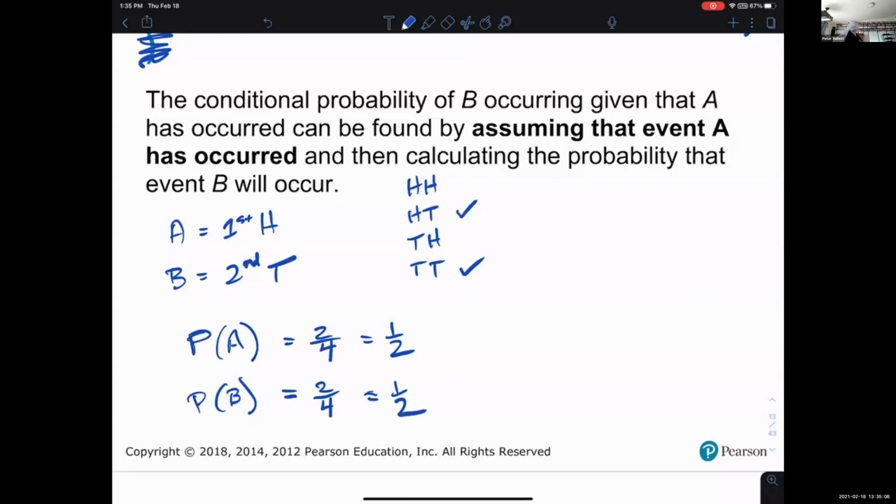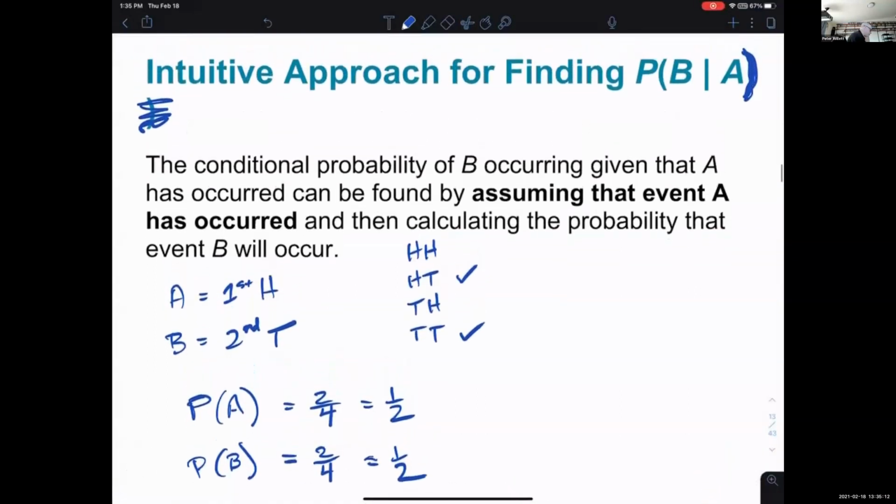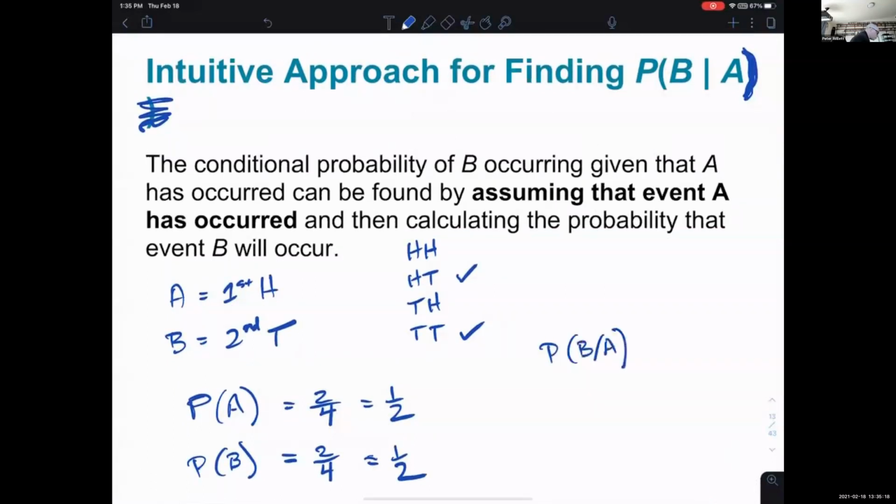But using this new concept and this new notation, which I just ran off the top of our screen there, the probability of B given A, what does that mean in this context? That's the probability that the second toss was tails, given that you already know the first toss was heads.